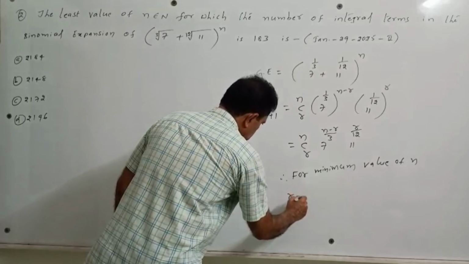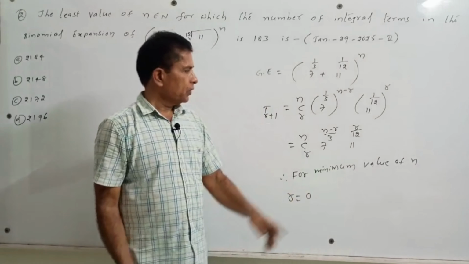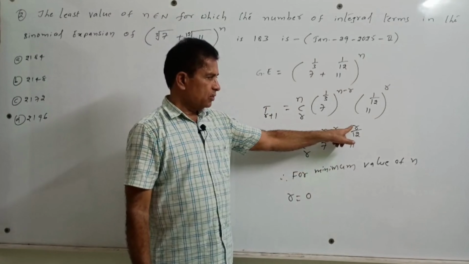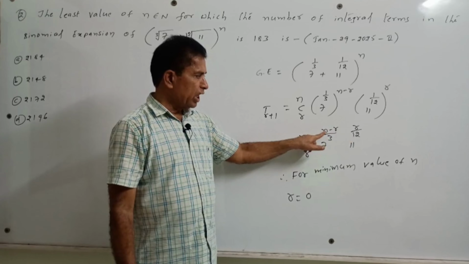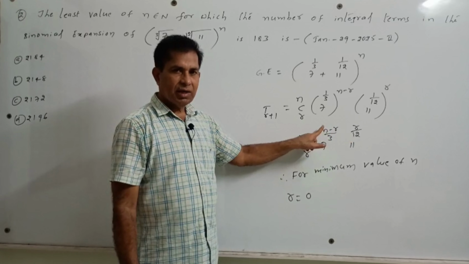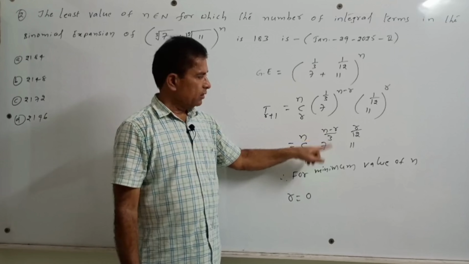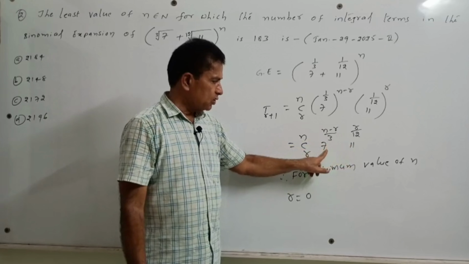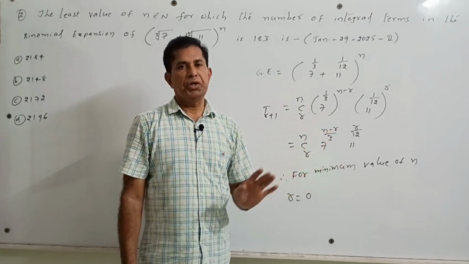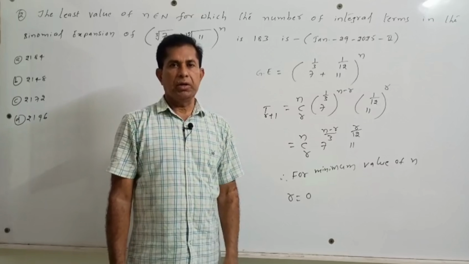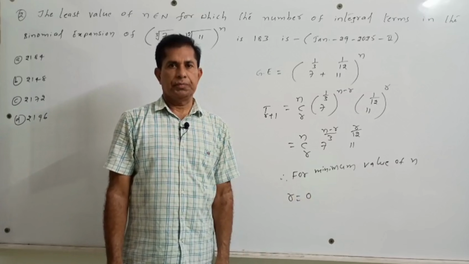For r equal to 0, I am checking whether this term becomes an integral term or not. For r equal to 0, 0 is divisible by 12. For r equal to 0, we get n by 3. I told that n is a multiple of 12, therefore n is divisible by 3. This term is an integer, this term is an integer, this term is an integer. Therefore the total product is an integer, and that term will be an integral term. So for r equal to 0, we are getting an integral term.